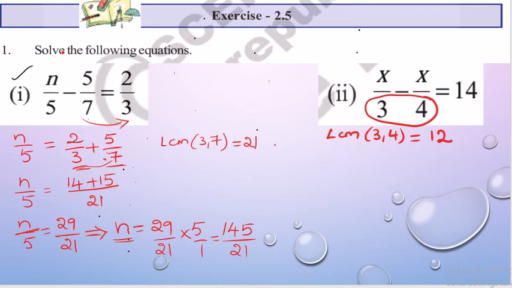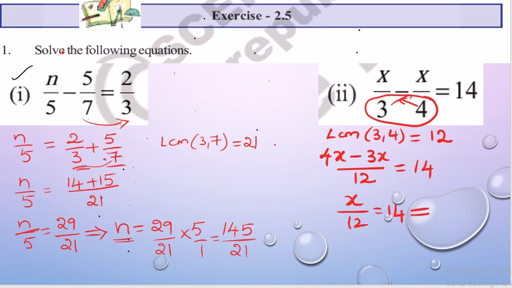Now when the LCM is the product of the numbers, we can directly cross multiply the terms. So this becomes 4 into x minus 3 into x, divided by 12, is equal to 14. Now 4x minus 3x is nothing but x. So x divided by 12 is equal to 14.